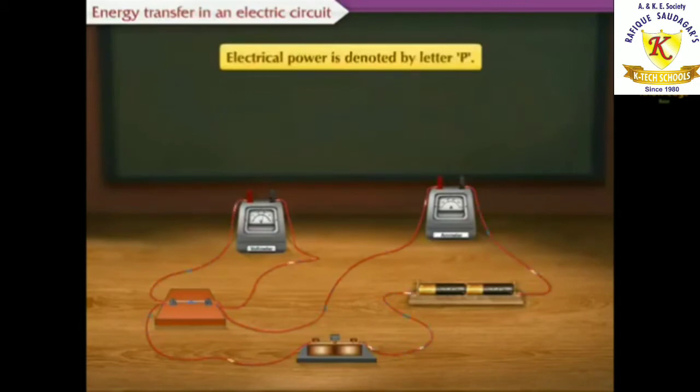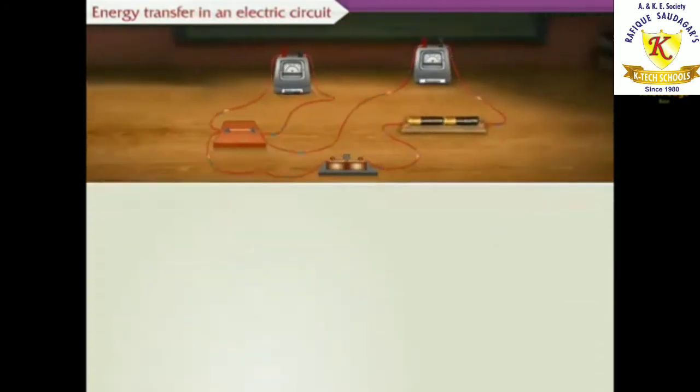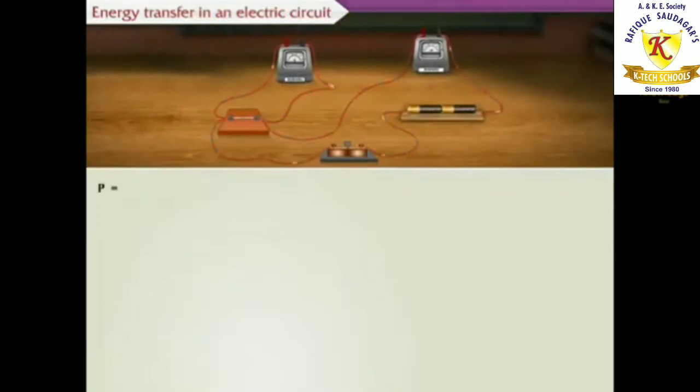Electrical power is denoted by the letter P. So, P is equal to electrical power, which is equal to energy divided by the time required, which is equal to VAB into Q upon t.